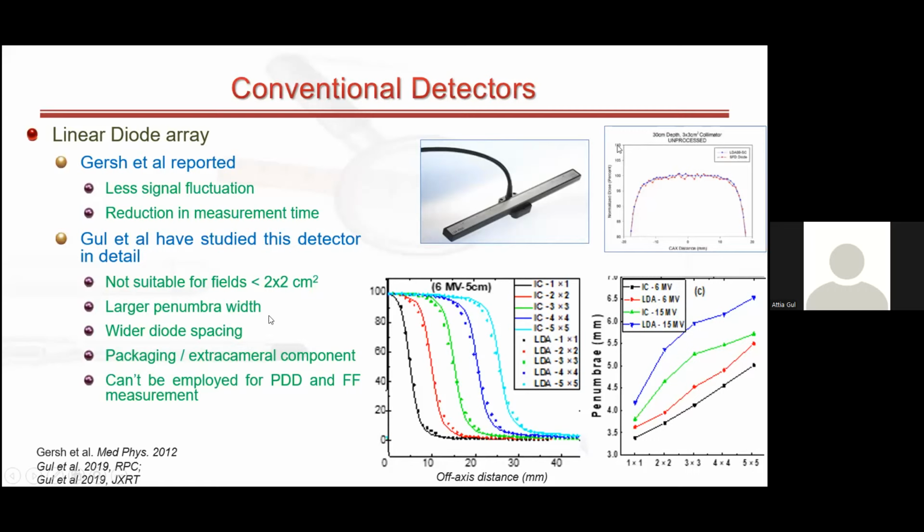So such a large spacing may give a huge volume averaging effect, especially in small fields. Another factor due to which we should not use it for small fields is its packaging and extracameral component that may cause perturbations. And also, it can be used only for beam profile measurement, and we cannot use it for PDD and output factor measurements.